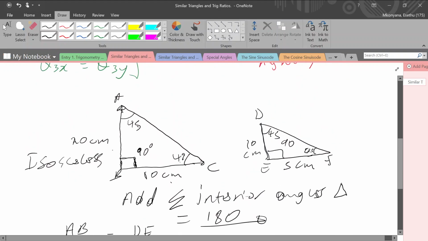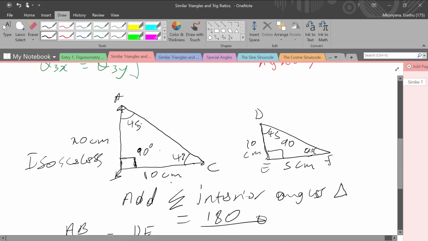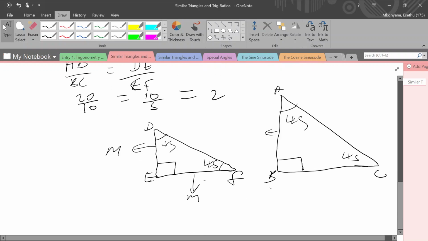This here, when I'm highlighting it again, it won't be 45 and 45. It could be any different types of angles, not necessarily 45 and 45, because these two sides are not the same. If they were equal, then these angles would be 45. To make sure that you get that 45, you can make them equal, 20/20 or 10/10, and then when you come this side, because you're just doing it intuitively, you can't make them equal.